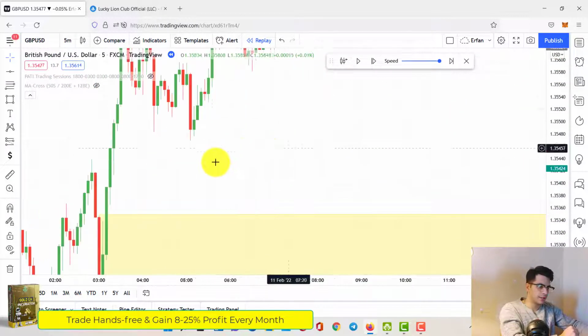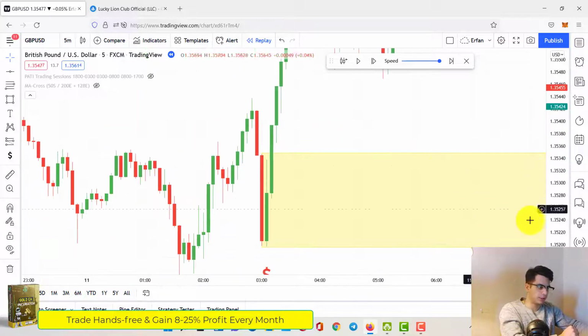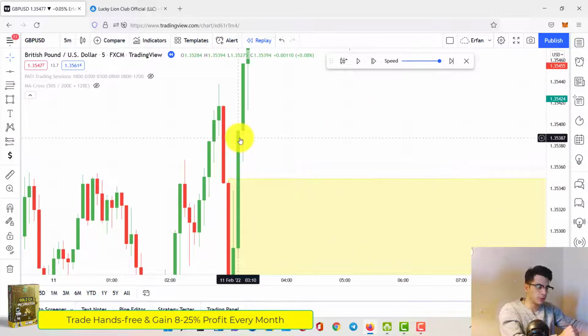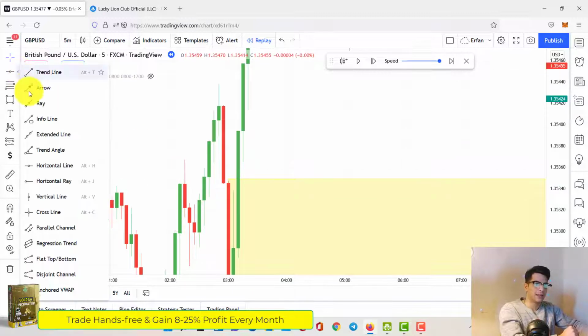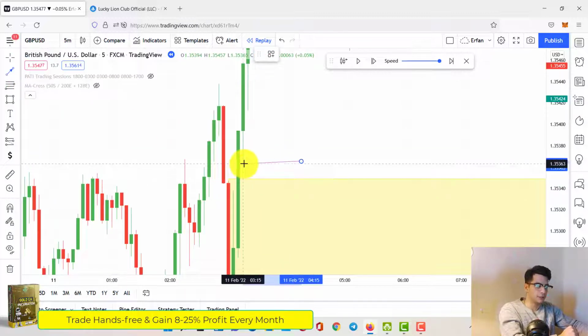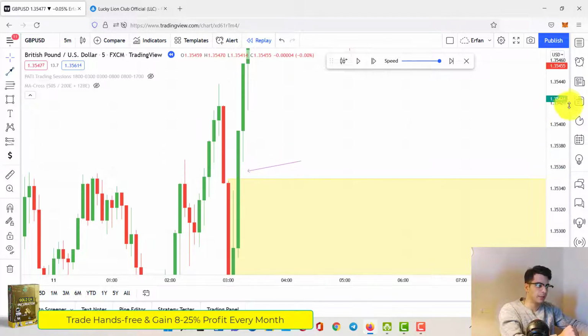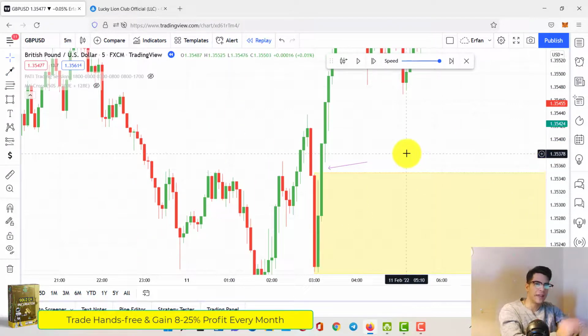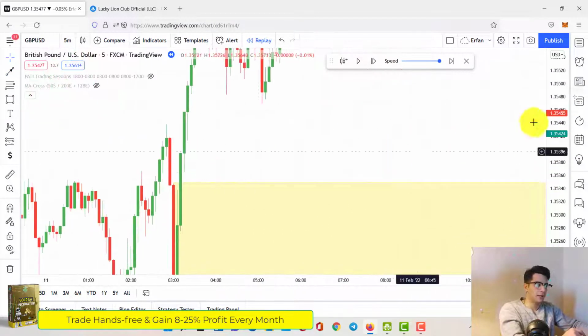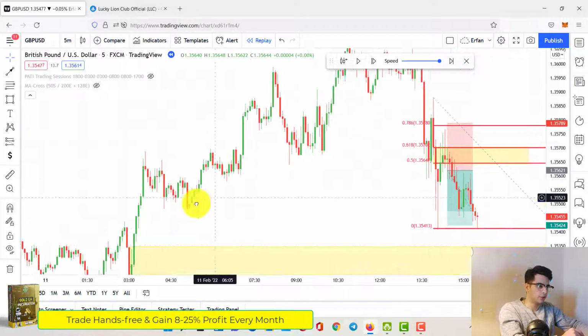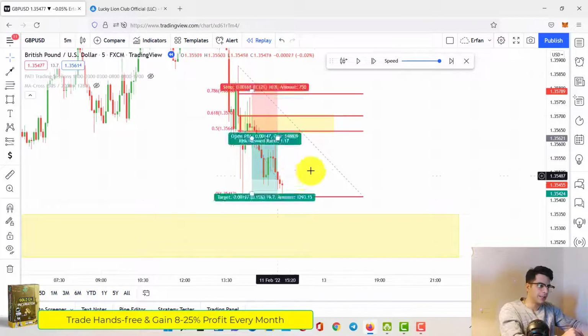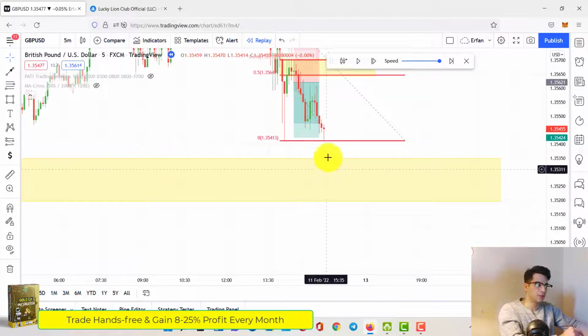The reason this is a high probability order block is that because of this huge spike towards upside, the next candle never tapped into this zone, and it left a gap in between. From here to here we have a gap, and it means that this zone was never tapped into, and the price went up. It's just consolidating, going up further, and now it's trying to go down to tap into this zone.